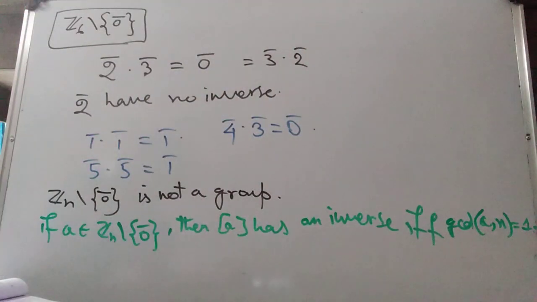Understood? GCD of A, n equal to 1. Not a problem at all. So we now discuss this one.